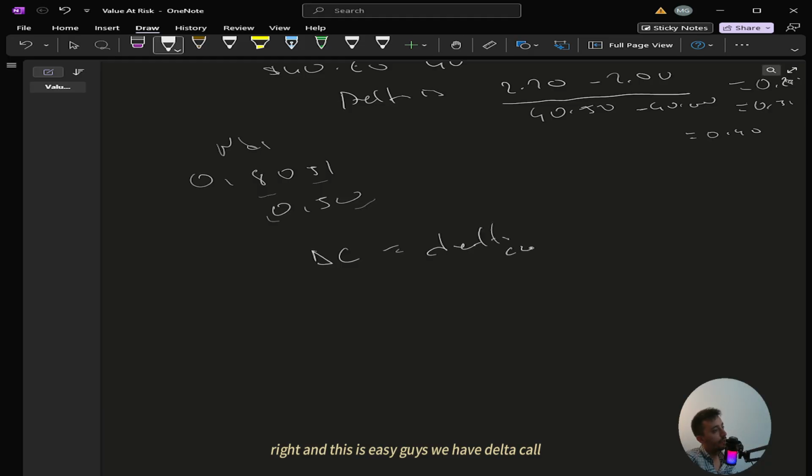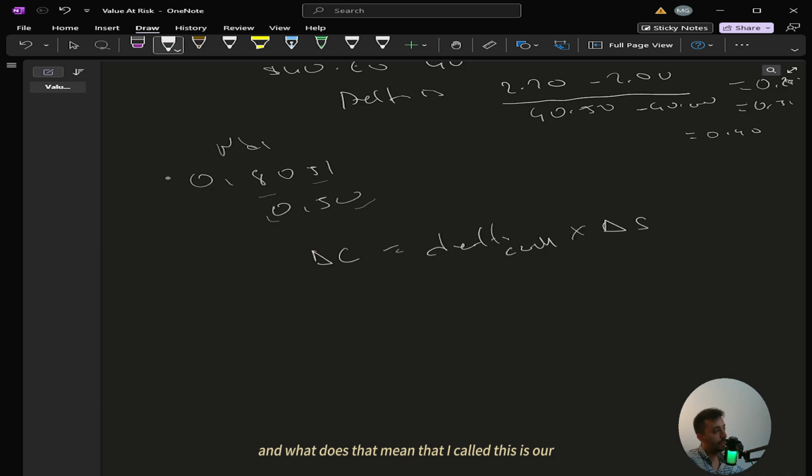We have delta call and delta spot. This is our formula, continuous time example. And what does that mean?